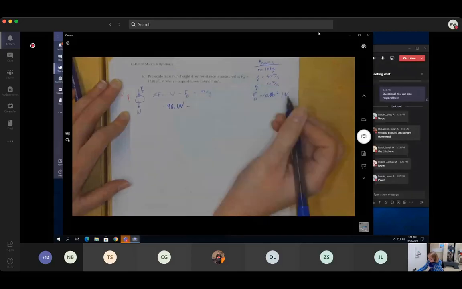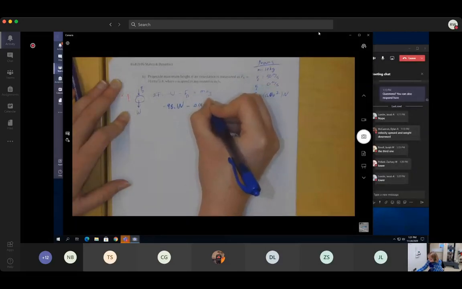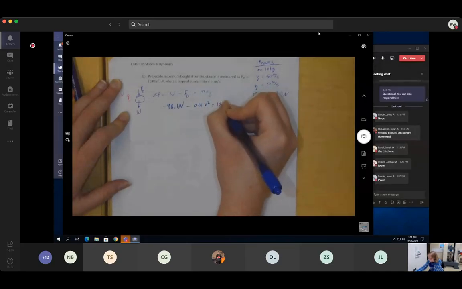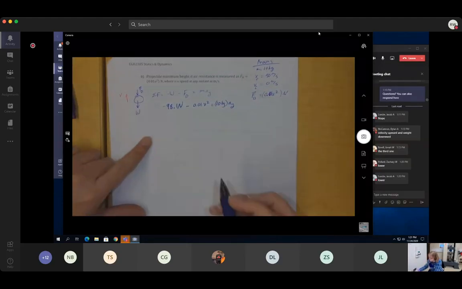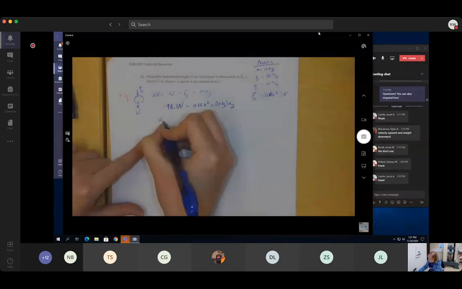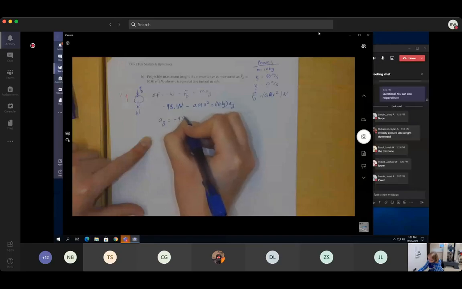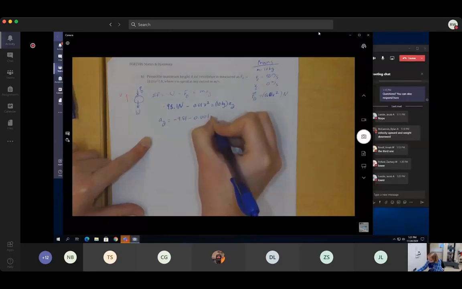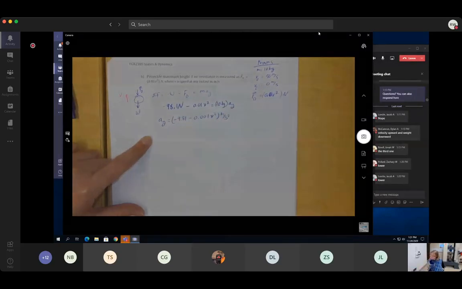And then our force of drag, we said, is 0.01 times the velocity squared. That's equal to 10 kilograms times our vertical acceleration. And so if we solve for a_y, that's going to be negative 9.81 minus 0.001 v squared meters per second squared.